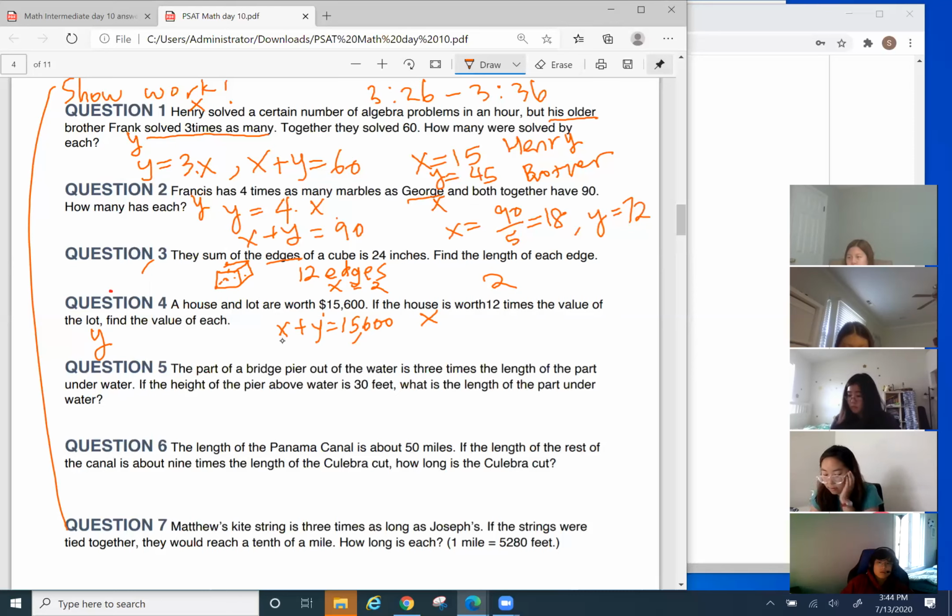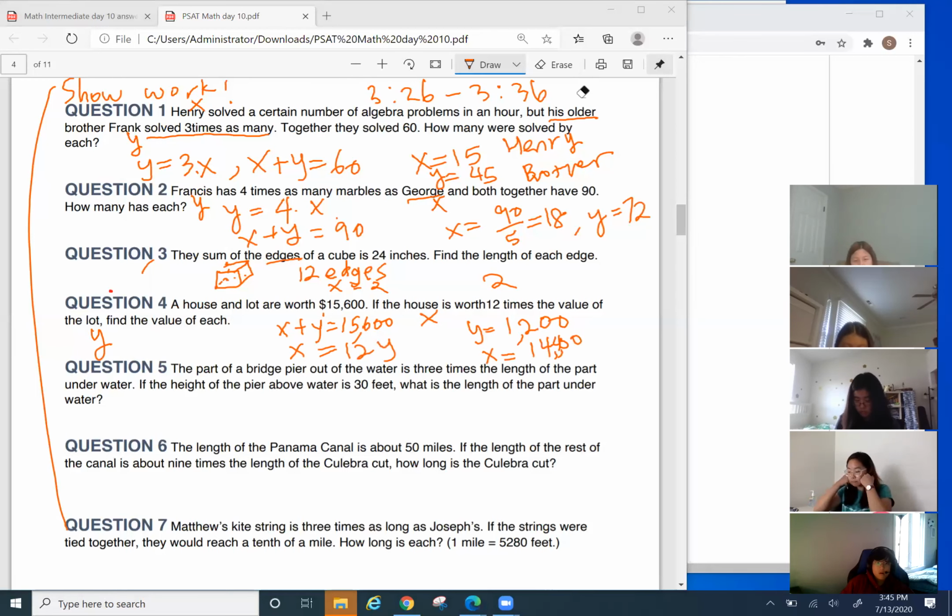And then for the second equation, I put X, which is house, equals 12Y. Perfect. And then I put Y equals 1200 and X equals 14,400. Okay. Good job. 14,400. Any questions here? Okay, you did a very good job.